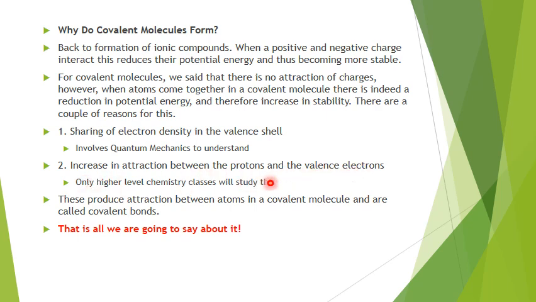And again, this would be studied in a higher level chemistry class. So there's two things going on here. One, you have the sharing of the electron density, and the other one is the increase of the attraction between the protons and electrons. These produce attraction between atoms in the covalent molecules, and we call these covalent bonds. And that's all we're going to say about it.